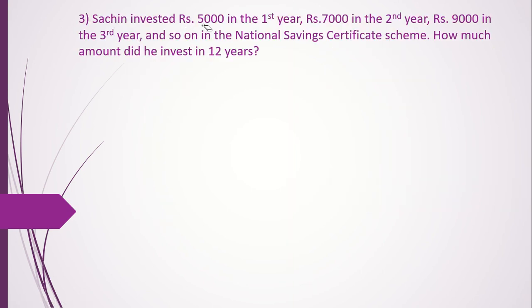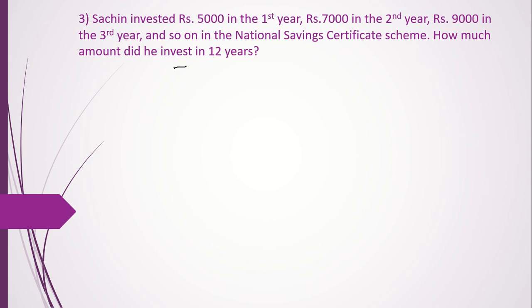Sachin invested rupees 5000 in the first year, rupees 7000 in the second year, rupees 9000 in the third year, and so on in the National Savings Certificate scheme. How much amount did he invest in the 12 years? So let's see.